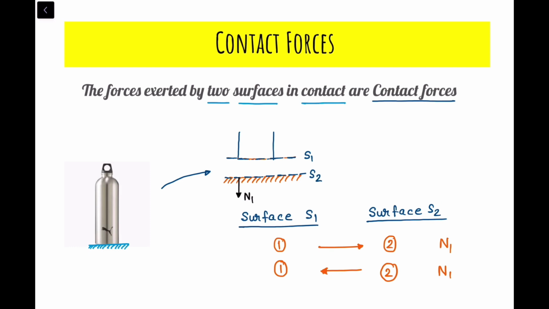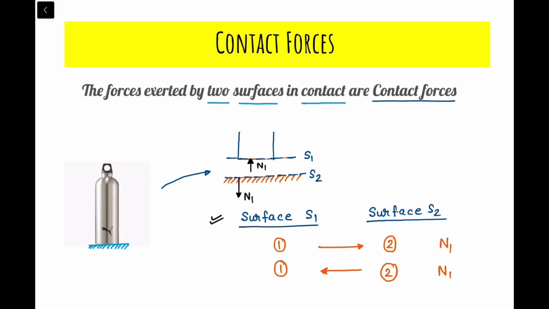So over here there will be an N1 force. In this way we will be dealing with contact forces, which are produced by two surfaces in contact. We'll draw this column and see the forces, and take this up later in examples.